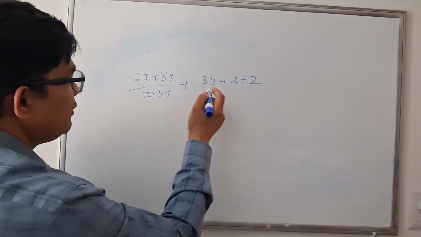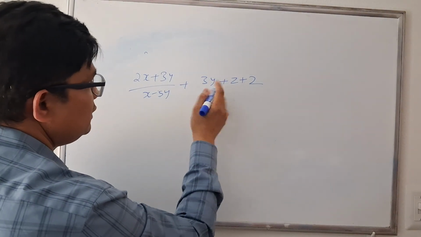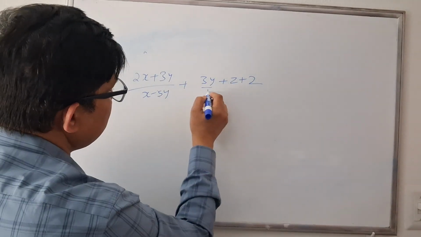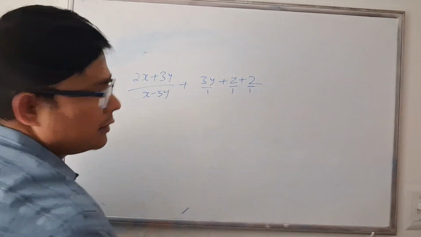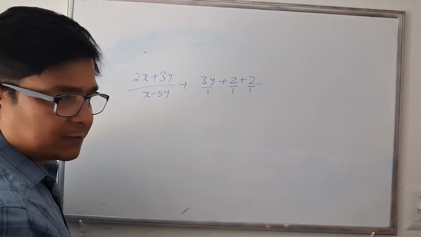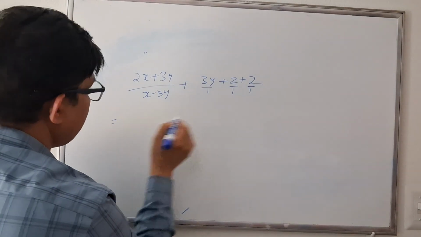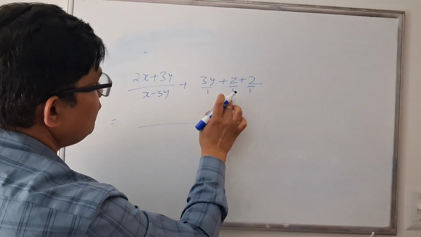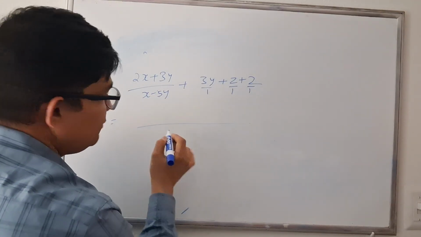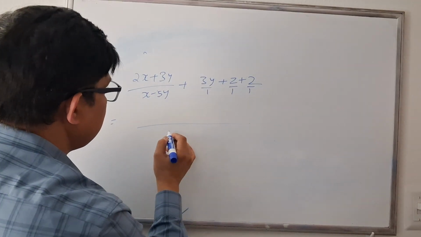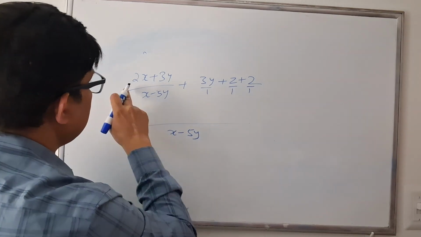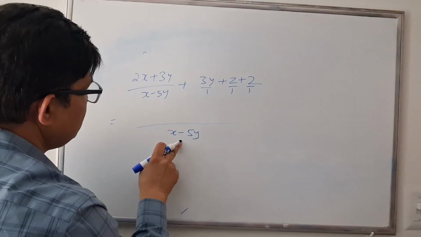Instead of calling them one term, you call them separate terms. So I will divide each of them by 1. No problem, the expression did not change, and then I will take the LCM. And the LCM is just multiplying these terms, so x minus 5y is the LCM.